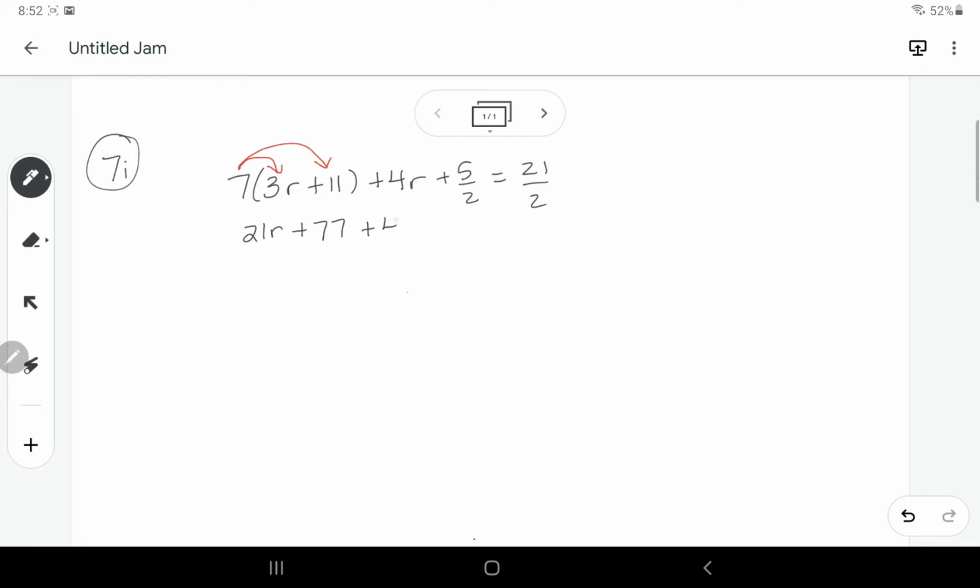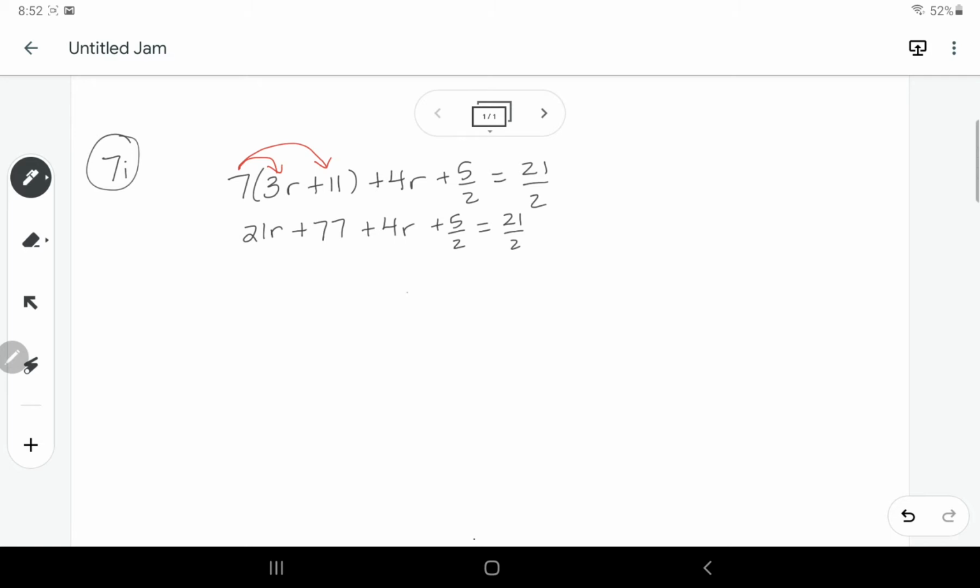And then I have plus 4r plus 5 over 2 equals 21 over 2. Now, we could use these fraction rules that we did in the lesson today. So we could definitely say, oh, this is all over 2.